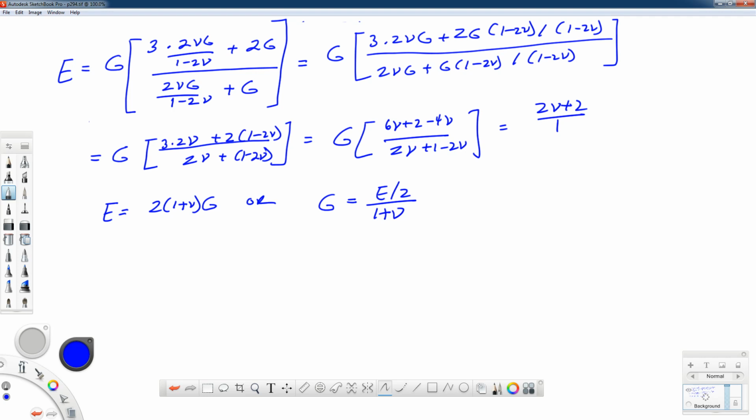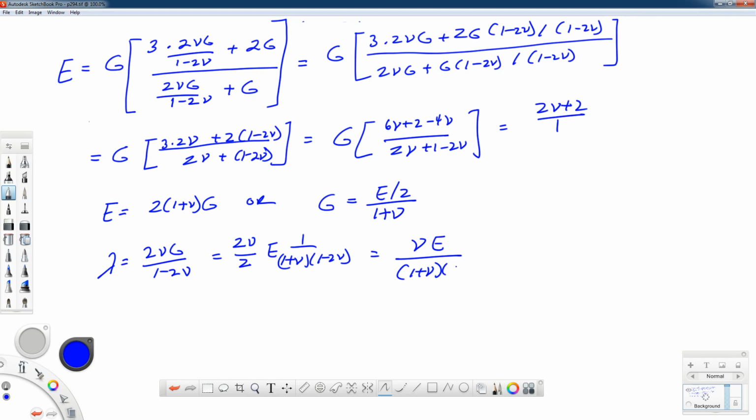Furthermore, since lambda is equal to 2 nu G over 1 minus 2 nu, we can do a little bit more algebra and find that the Lamé coefficient lambda is equal to nu E divided by 1 plus nu times 1 minus 2 nu.